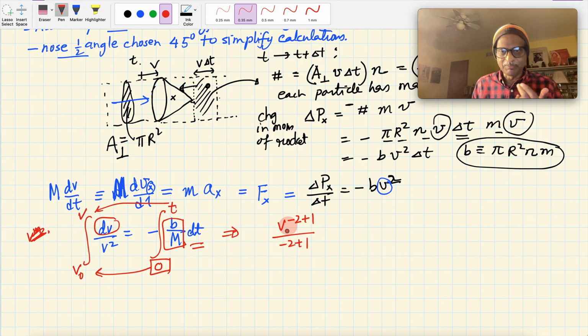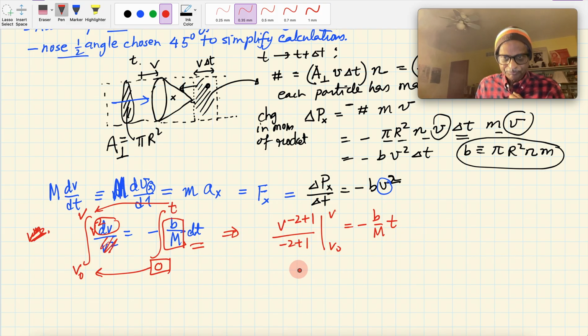I did a little extra step here just to show that this is basically v to the power minus 2, and you add 1 and divide by minus 2 plus 1. On the other side it's minus b over M times t, because at 0 you don't have another term. So minus 1 over v plus 1 over v0 equals minus b over M t.